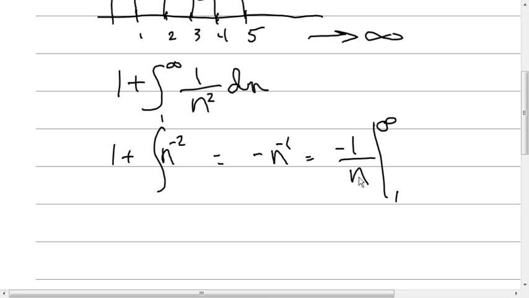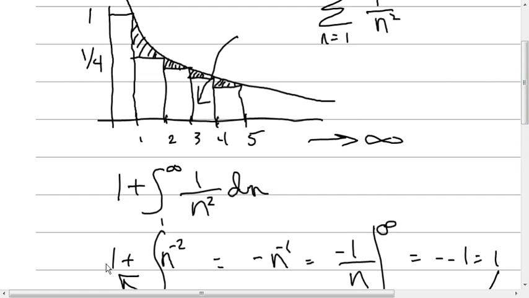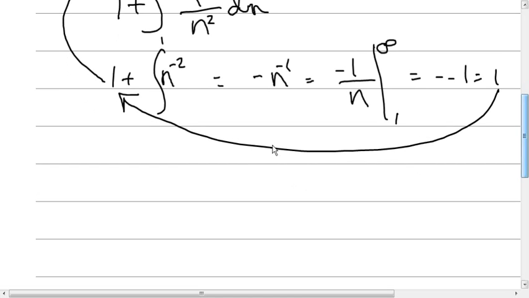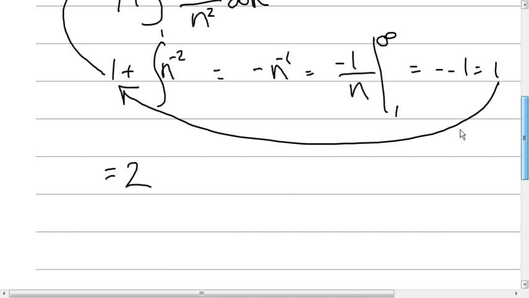At infinity, obviously this goes to 0, so we simply get 0 minus minus 1, or equal to 1. And then we come back and add that original 1 that came from up here. Remember that? And we get that the area under this curve from 1 to infinity is 1, and then we add in this little 1, and we come up with the answer of 2.